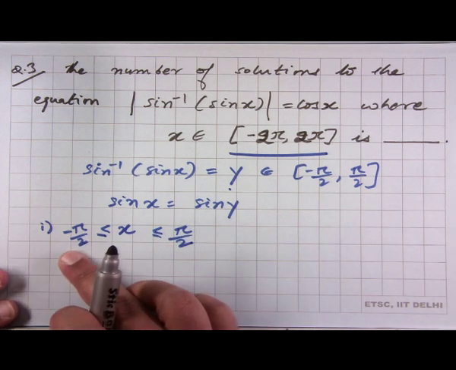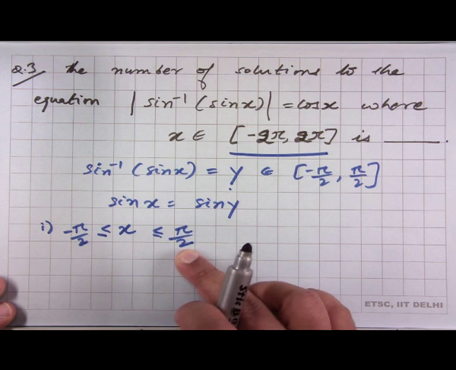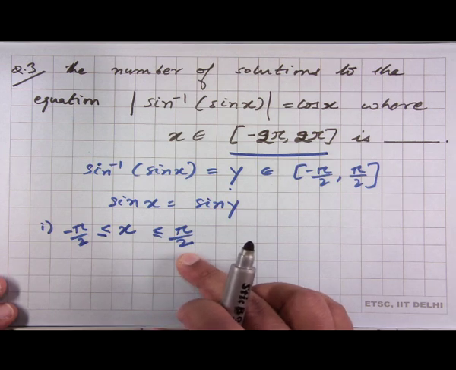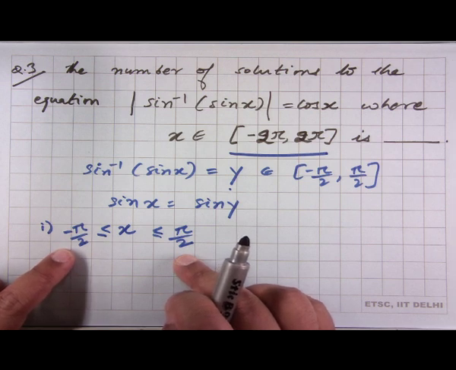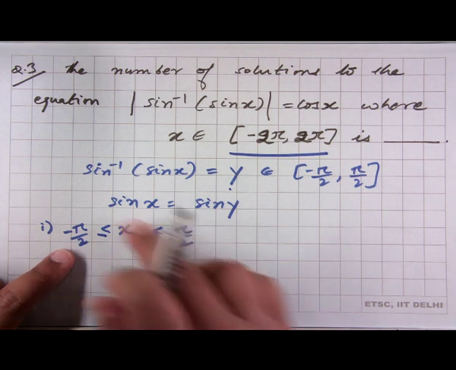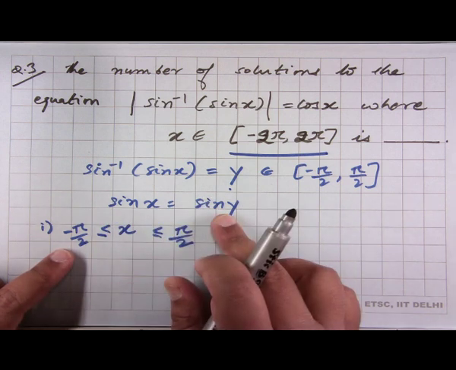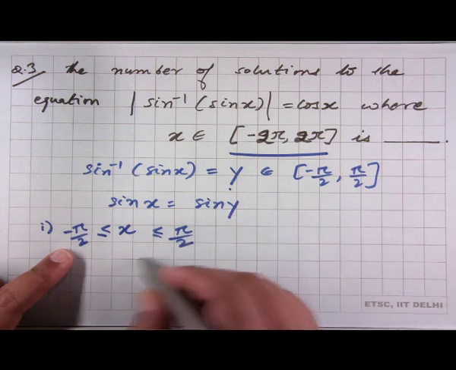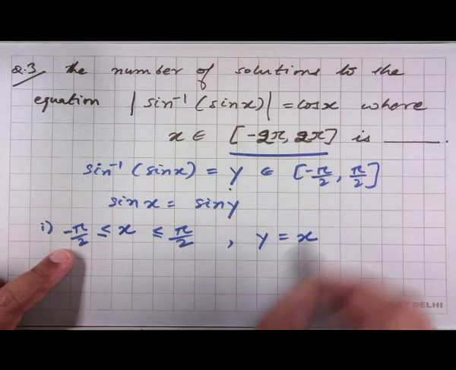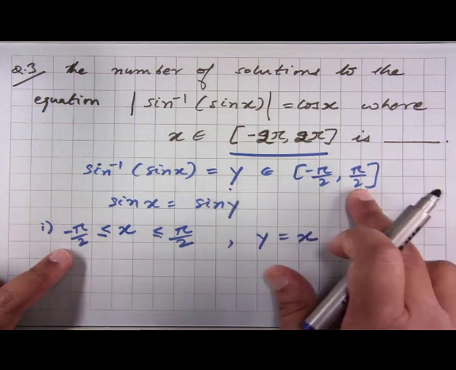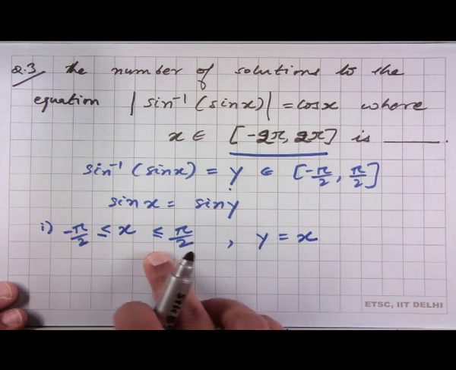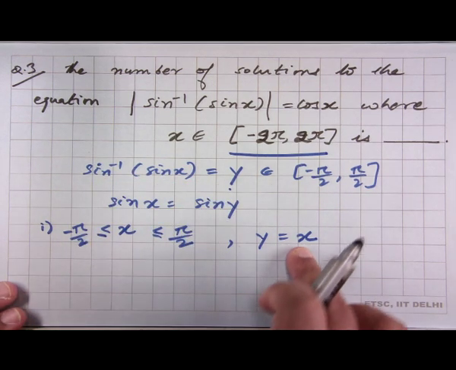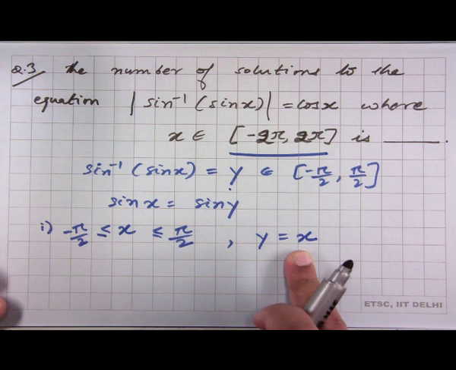When x is in this interval, we know that sine of x is a monotonic function, and therefore if sine x is equal to sine y, then it must be true that y is equal to x, because remember that y already belongs to minus pi by 2 to plus pi by 2. So if x is in this interval, then sine inverse of sine x is equal to x, and this we have already seen several times in previous lectures.